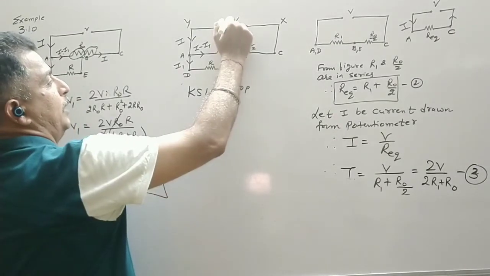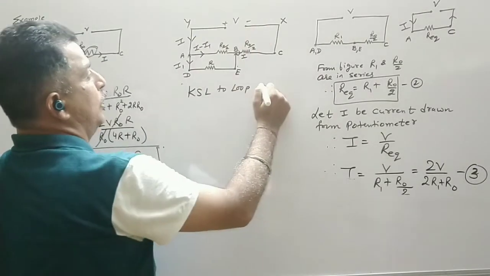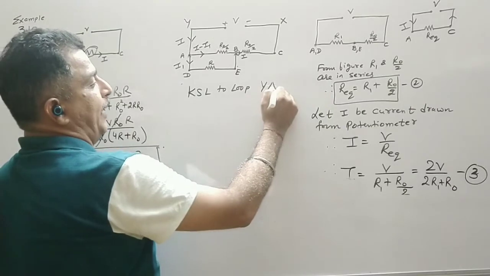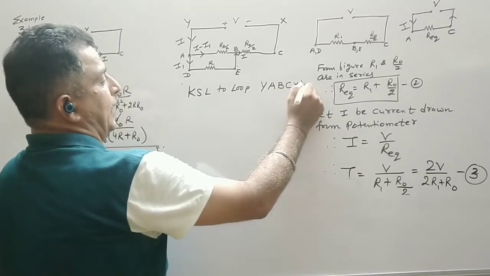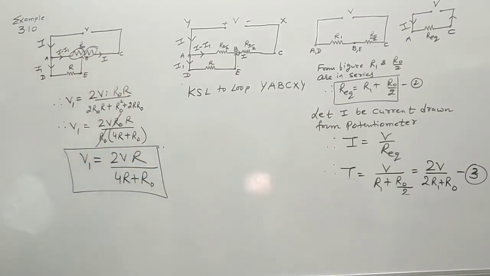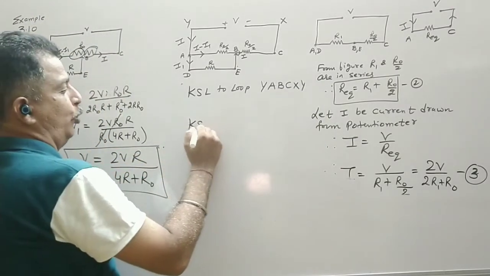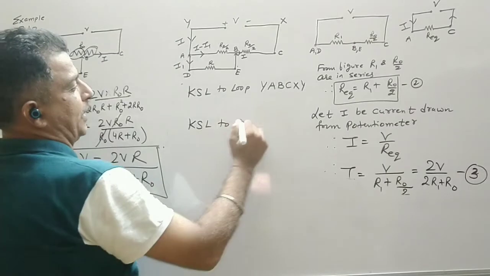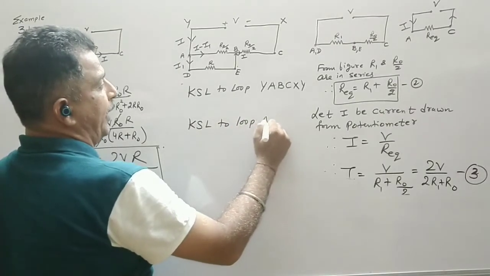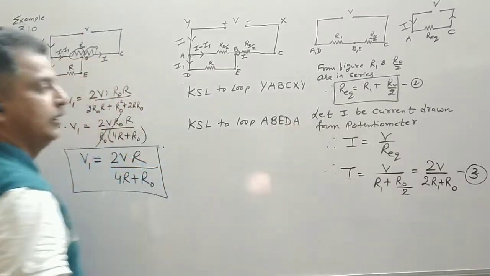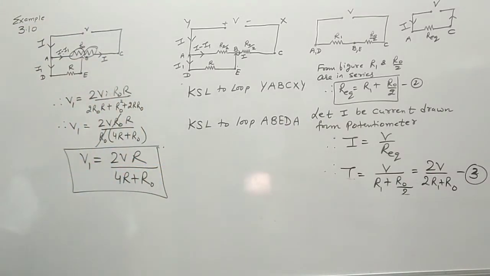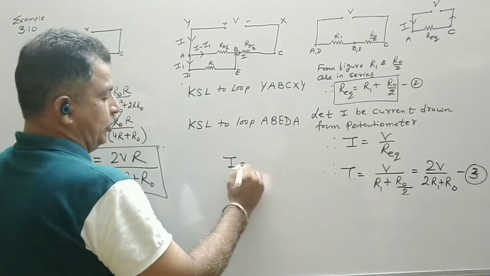Now take this terminal as positive, this as negative, to the loop Y, A, B, C, X and Y. And then take a second loop, apply Kirchhoff's second law to the loop A, B, E, D, A. From these two loops, you find out I1.